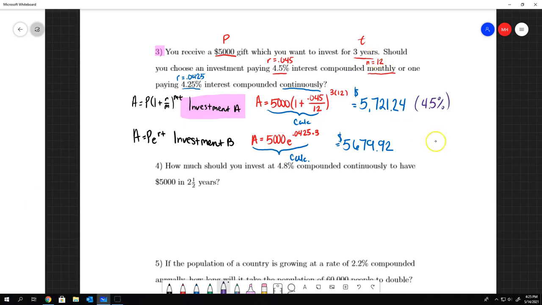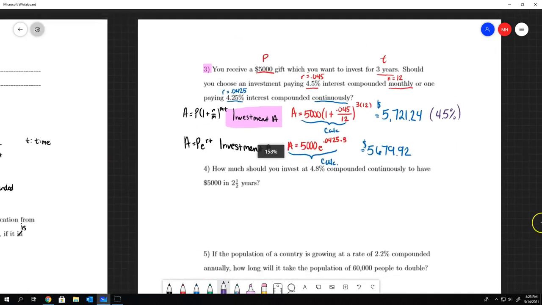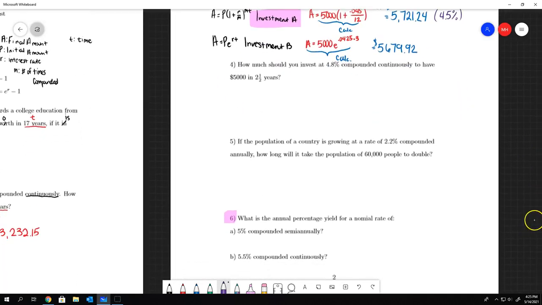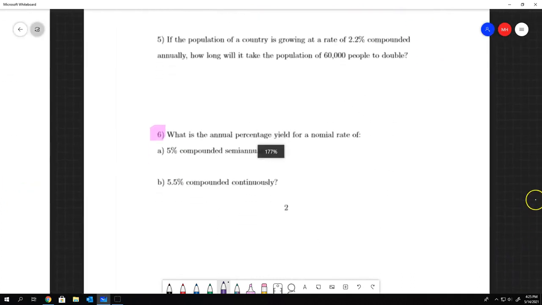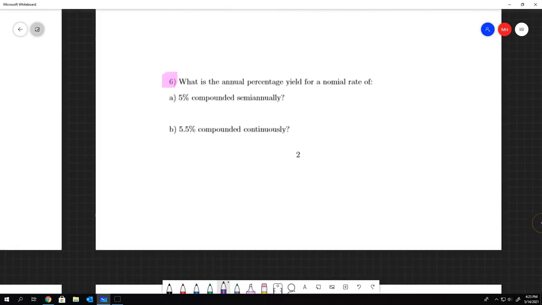We are going to do one more example. So we haven't done one yet that talks about APY. So we're going to do number 6. 6 says, what is the annual percentage yield, so the APY, for a nominal rate of 5% compounded semi-annually and 5.5% compounded continuously.